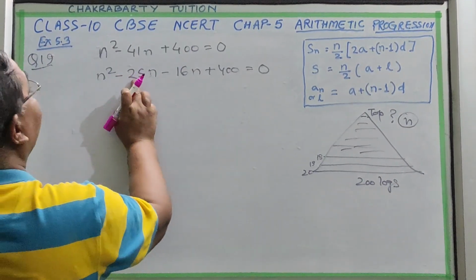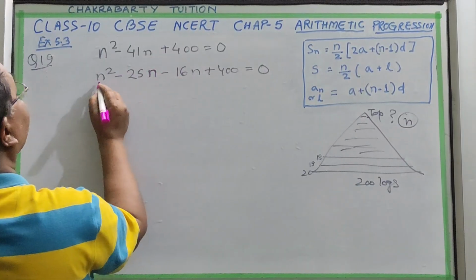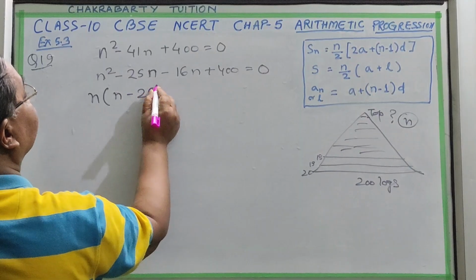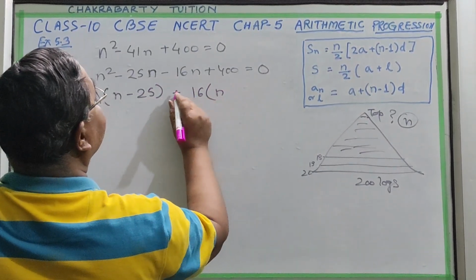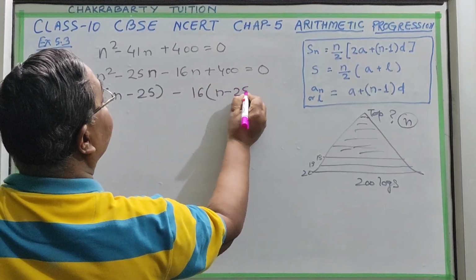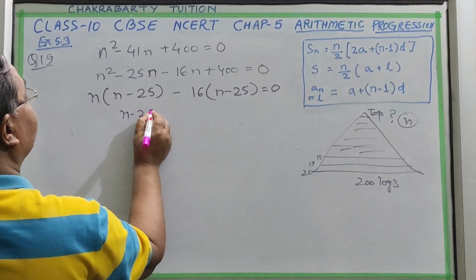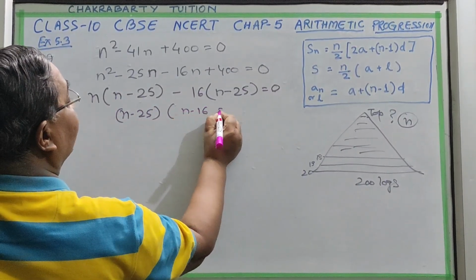So we have broken 41n into two pieces. Now we will take the common out. Taking n minus 25 common, what remains is n, and the other term gives minus 16. So now we have n minus 25 and n minus 16 equal to 0.